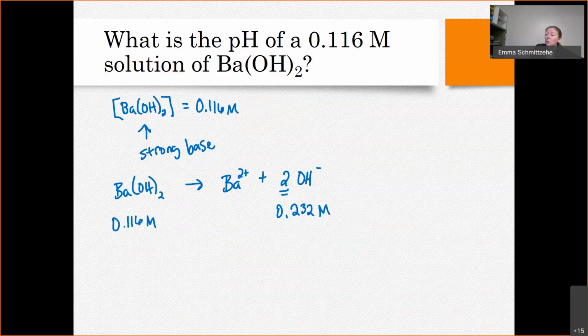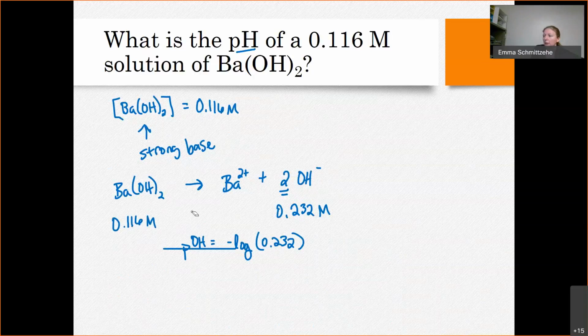Okay, and so now I can use that to go and calculate pH, similar to the last one. I could calculate it in a couple of ways. I'm going to go the route of saying, okay, let's calculate pOH. pOH would be negative log of 0.232.